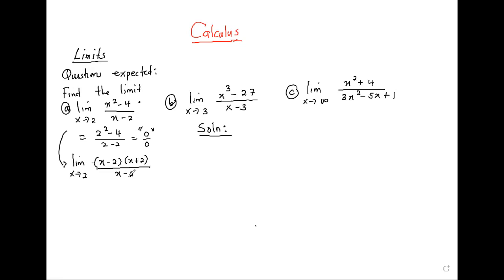Then this part and this part will cancel. Then we'll have the limit as x approaches 2 of x plus 2. Meaning, where there is x now, we can substitute 2, and the answer becomes 4.